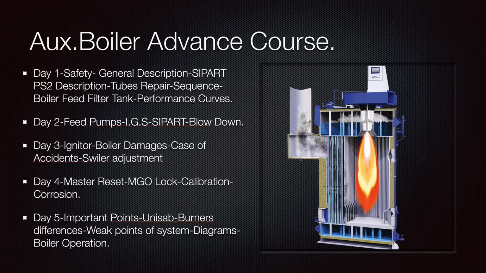Day 4 is master reset, MGO lock, and calibration. And we will run through the corrosion problem. In day 5, important points, unisub, burners, differences, weak points of the system, diagrams, and boiler operation.